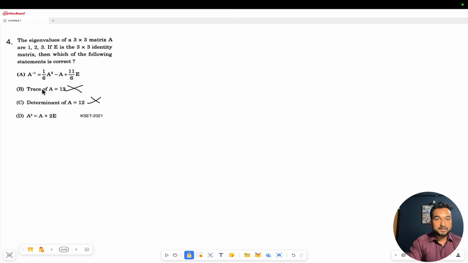Now first convert this equation. How will you convert this? Multiply by A inverse on this. A inverse will be what? 1 by A. Okay, so if you multiply this equation this side, you will get 1 equals to 1 by 6 into A cube minus A square plus 11 by 6 E into A. E into A will be again A because E is an identity matrix.